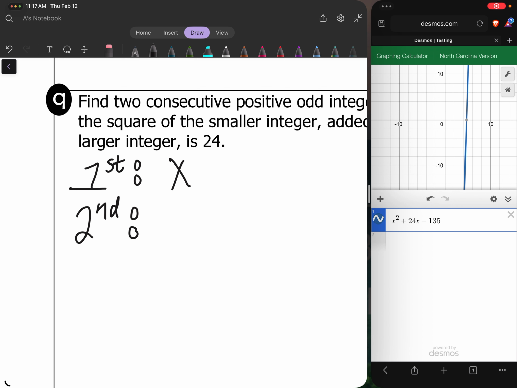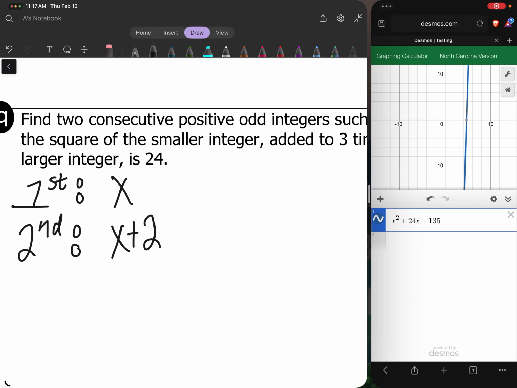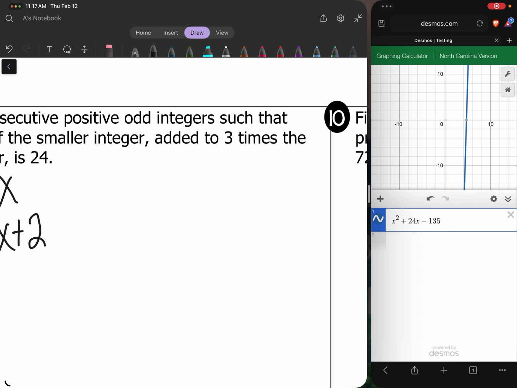If 13 is my first number, the next consecutive odd integer will be 15. To get from 13 to 15, I need to increase by 2. So this will be x plus 2. I don't know what these integers are. I can find those here in a minute, but this will be my representation for them.